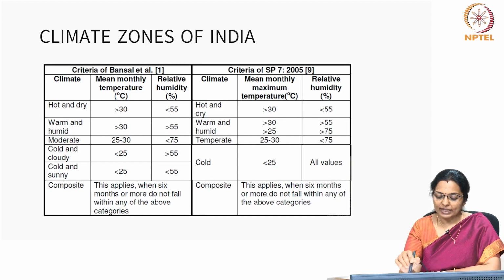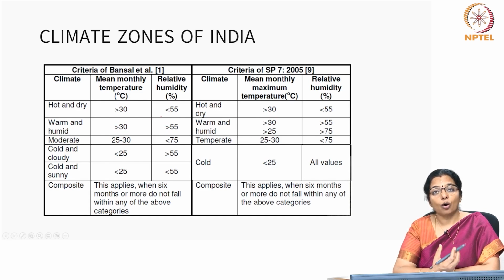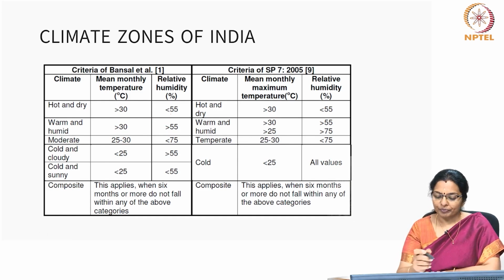That's the same for SP7 too. For warm humid, the mean monthly temperature is greater than 30 and the relative humidity is also greater than 55, which means it's very hot and humid also.